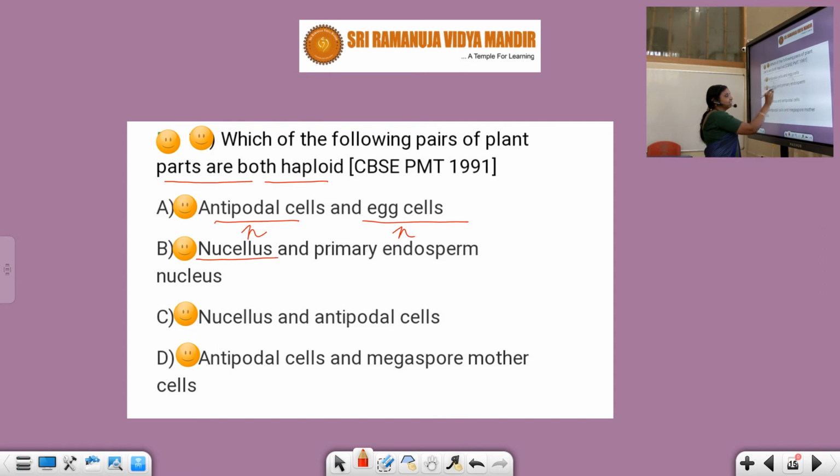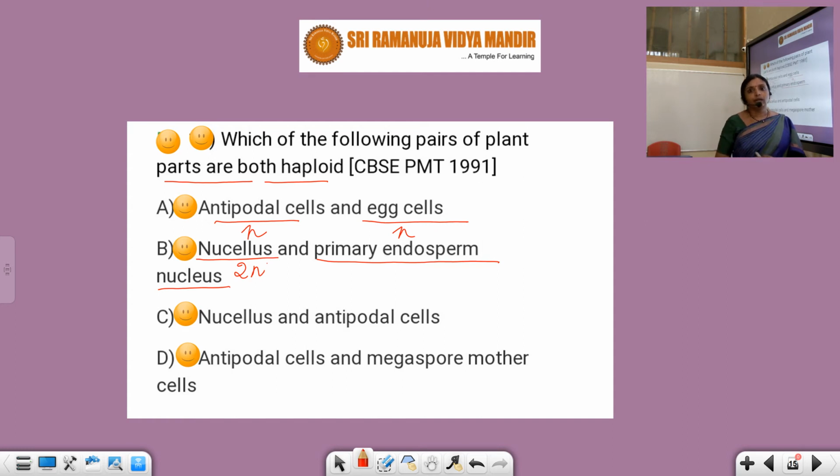In B option, the first one is nucellus. Nucellus is in 2n condition. Funiculus is 2n condition, nucellus is 2n condition, perisperm is 2n condition. So these are diploid cells. Then primary endosperm nucleus. I explained you double fertilization. After fertilization, after syngamy, when male and female fuse, the result is a diploid 2n zygote.